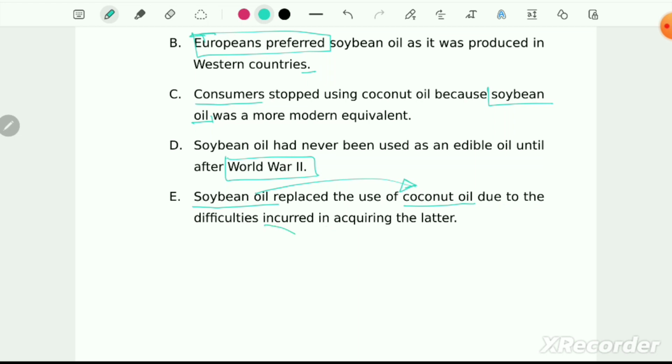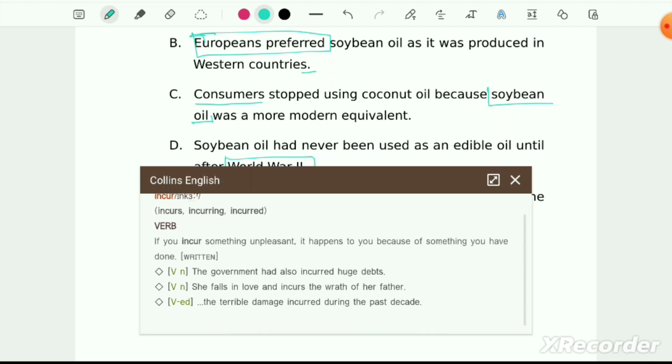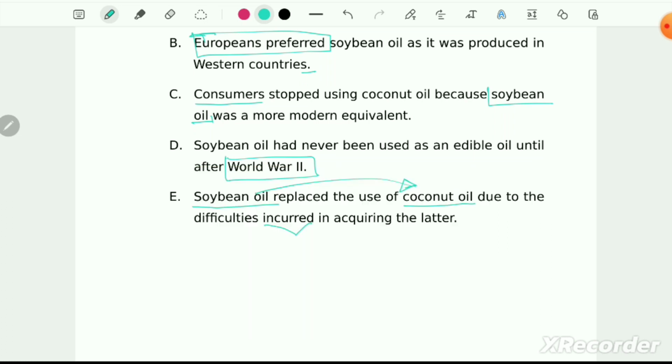Incurred means occurring, occurred. Let's search on the dictionary for better understanding. Incur: the government had also incurred huge debts. These are some examples I'm reading. It's actually a verb. If you incur something unpleasant, it happens to you because of something you have done. So incurred means something occurred or something happened.